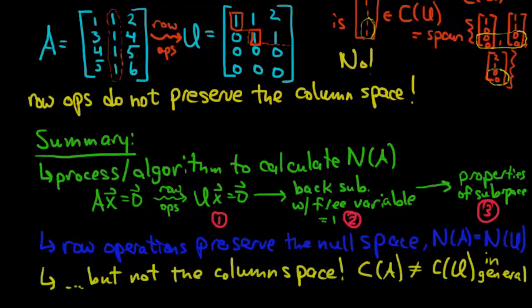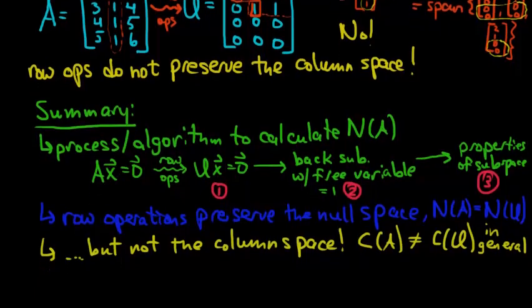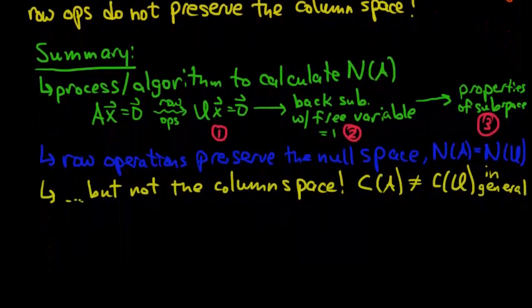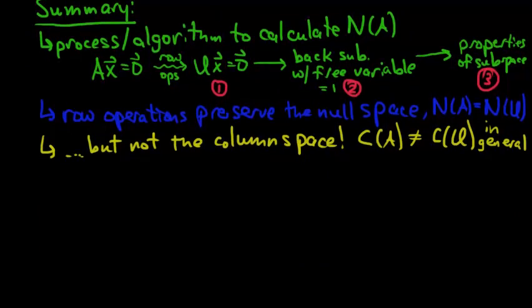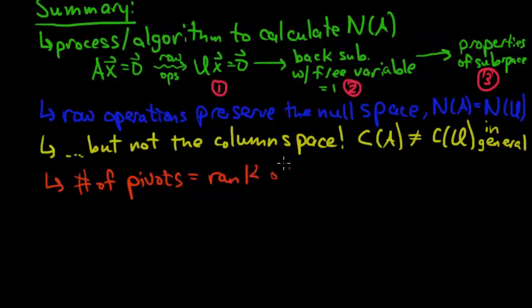There's one or two other remarks that I want to conclude with, and one of them is in regards to the number of pivots. We had an idea about this with some intuition right from the very beginning. So the number of pivots, or the number of pivot columns or variables, however you want to think of it, we call this the rank of the matrix A. This is going to be used synonymously.